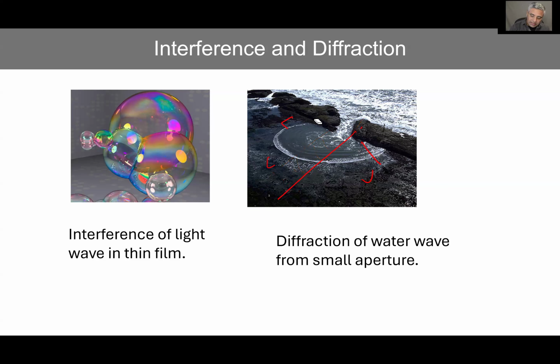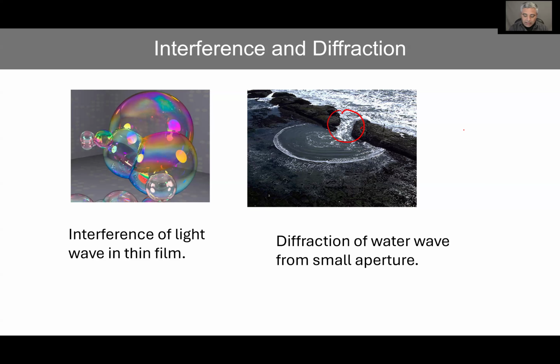So the main difference here is that when we talk about diffraction, we have only one opening. But when we talk about interference, usually it happens from two openings. So there are two identical sources coming and interfering with each other, or mixing with each other, superposing with each other.